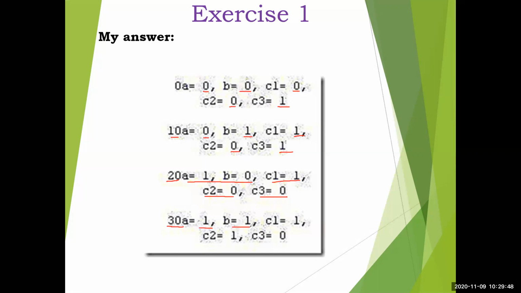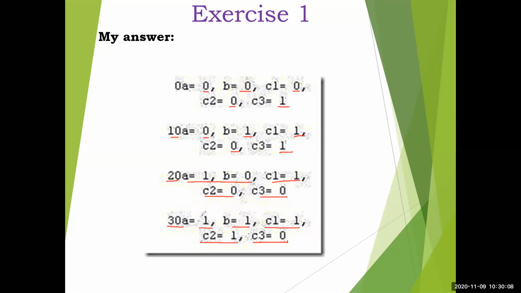C1 is 1 because 1 plus 1 is 1 itself. C2 now changes to 1 because both inputs of the AND gate are 1, so the output is high. C3 is 0 as in the previous case because A is still 1. So this is the verification output.